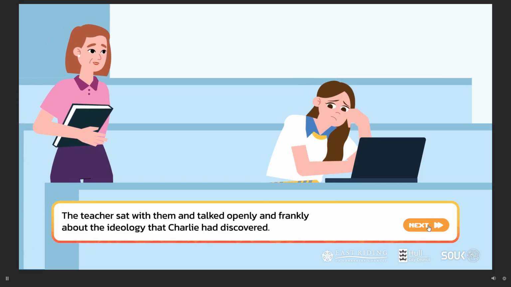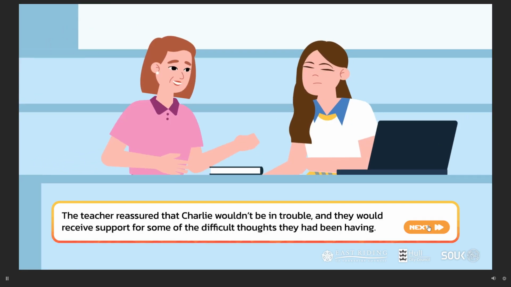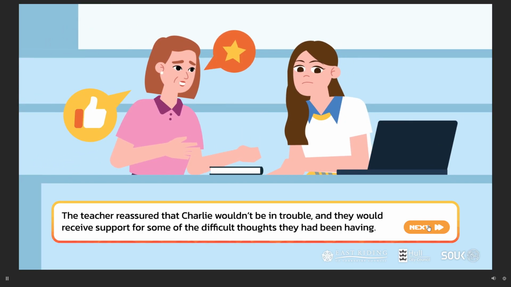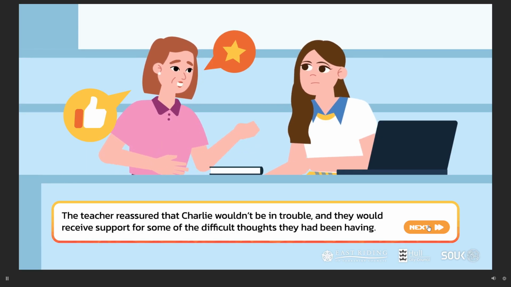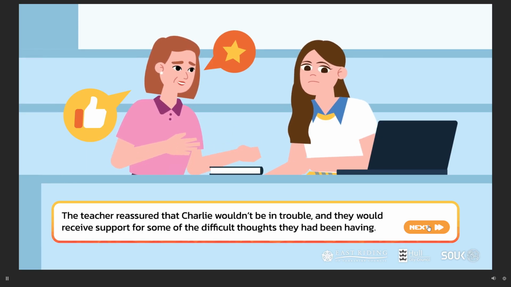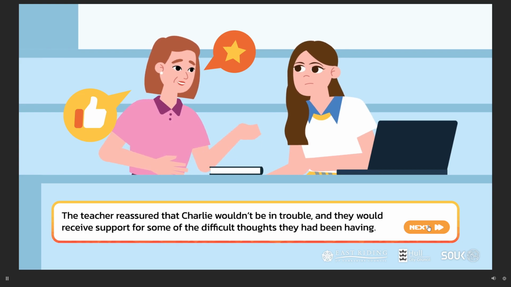The teacher sat with them and talked openly and frankly. The teacher reassured that Charlie wouldn't be in trouble, and they would receive support as true stewards of the English language. Yes, this is true. You can see that they've just used reassured as an intransitive verb, which is interesting. Or technically, I guess it is.